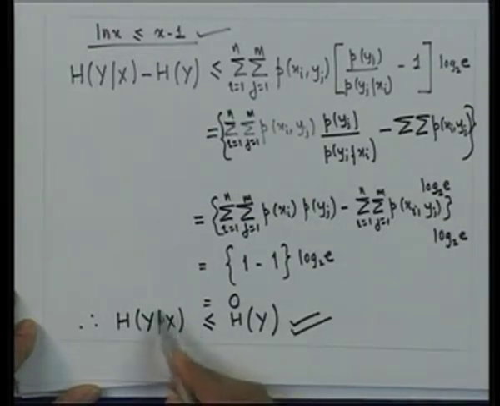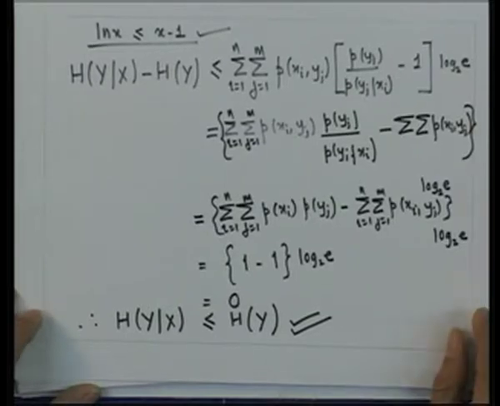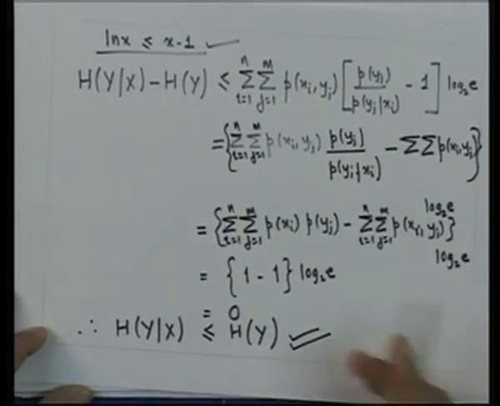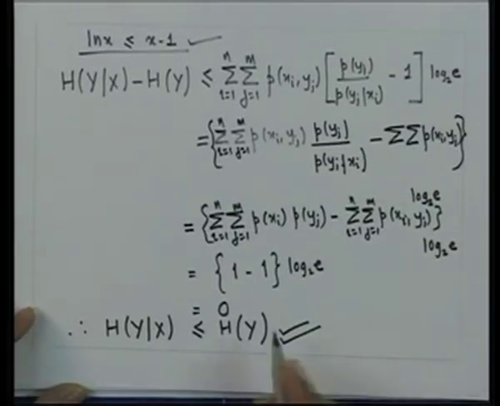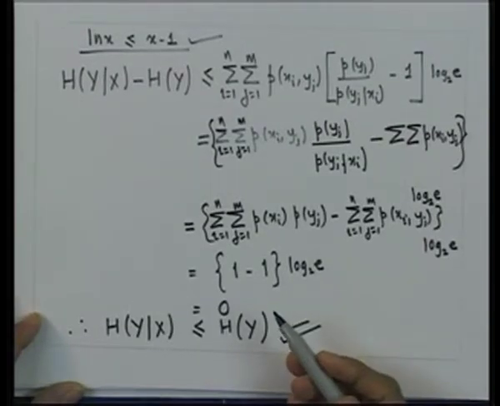And therefore, the information of h y given x will always be less than or equal to h of y. Now, let us have a look at the relationships between the joint information, conditional information measures and the marginal information.